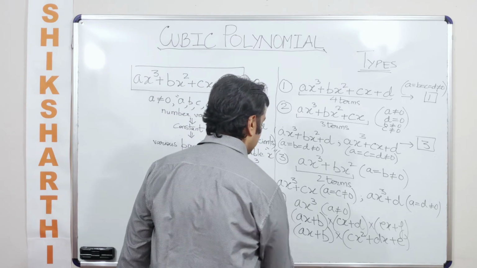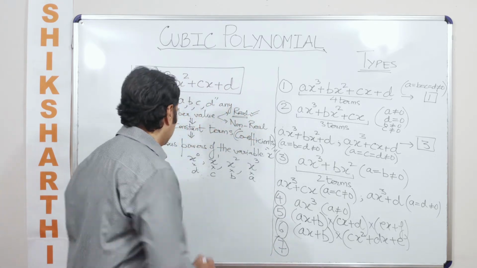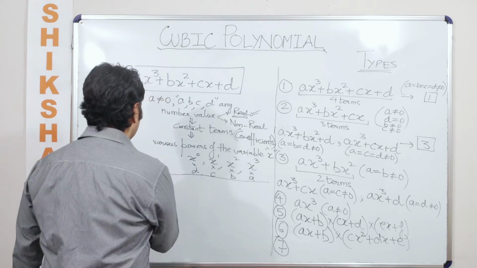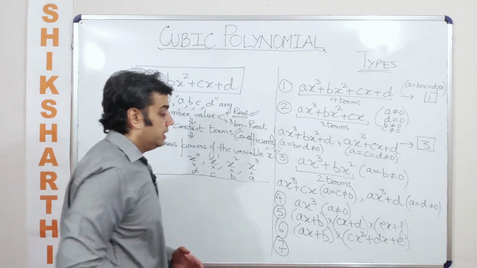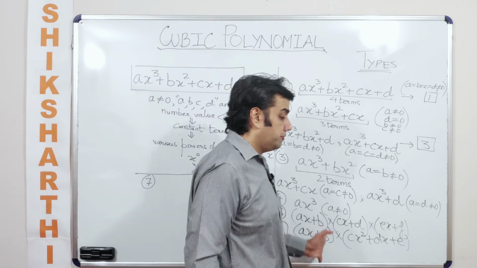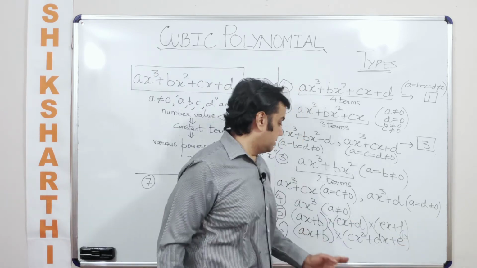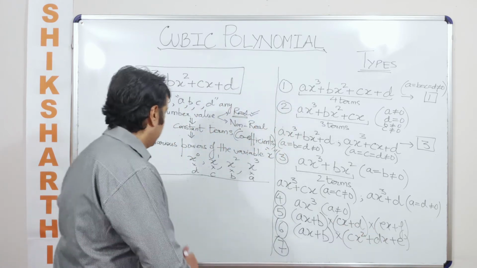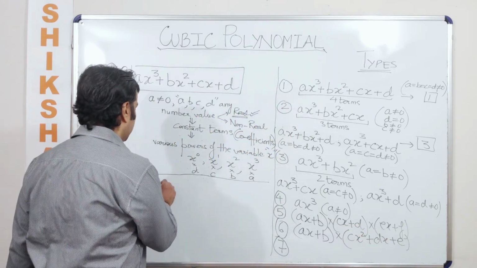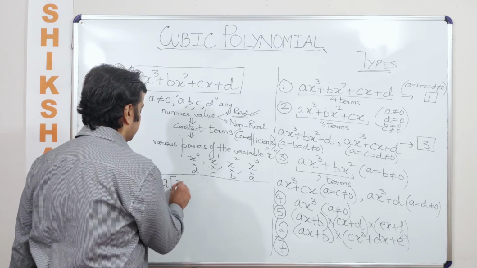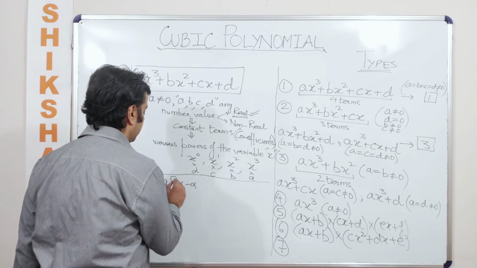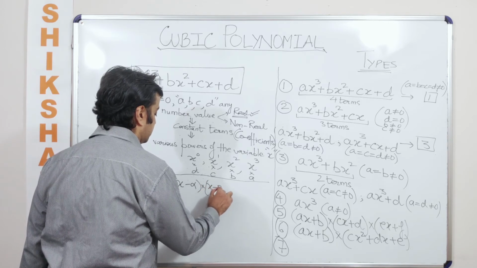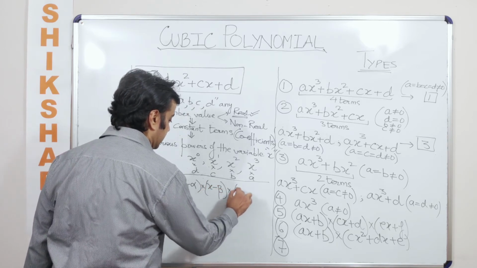The last that I can talk about, let's say the seventh one that I can talk about here, is a combination of this only, a seventh type, but with the same leading coefficient. So let us say a times of x minus alpha into x minus beta into x minus gamma.